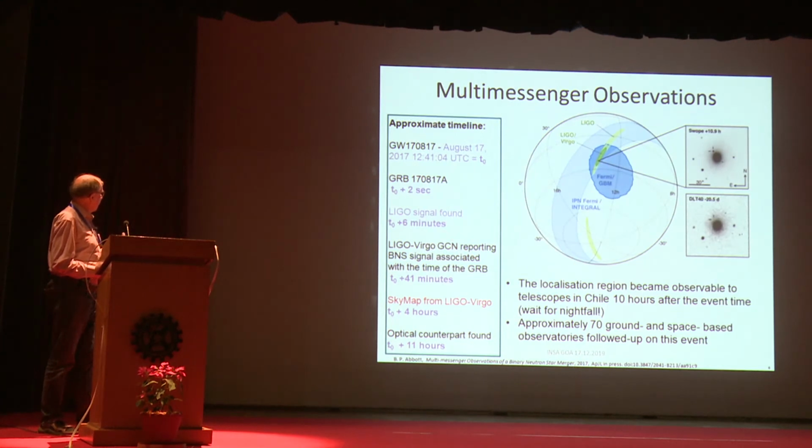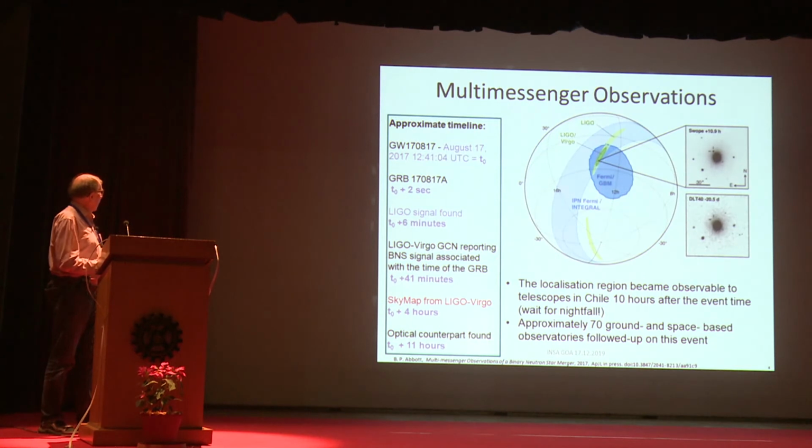Then the Virgo data was brought in, and then it was realized, maybe 40 minutes later, that there is an associated gamma ray burst. Observation from the detectors produced an accurate sky map, which was revealed 4 hours later, and it was fairly accurate.